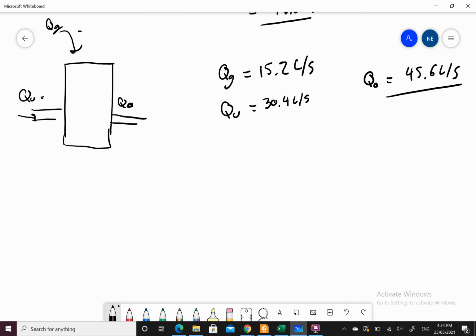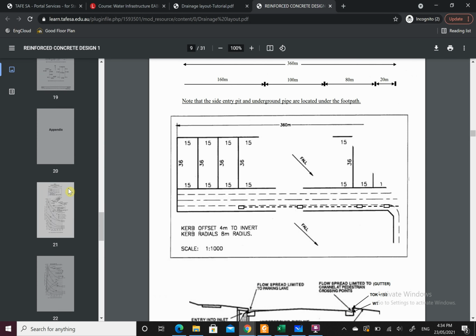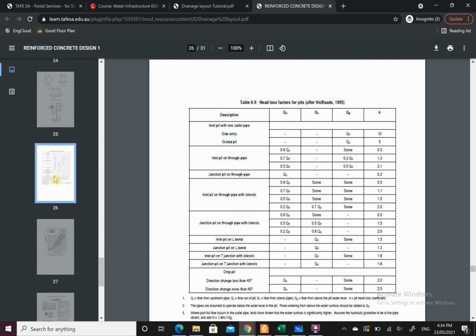Cool. Now, let's come back to our chart and have a look as to what these numbers are going to do. So back to our appendix from this table here. Inlet on a through pipe. Well, QU isn't 90%, QU isn't 50%. It's much closer to 70. If you run the numbers and work out the actual difference there, I think it's 66.9, or it's about 67%.